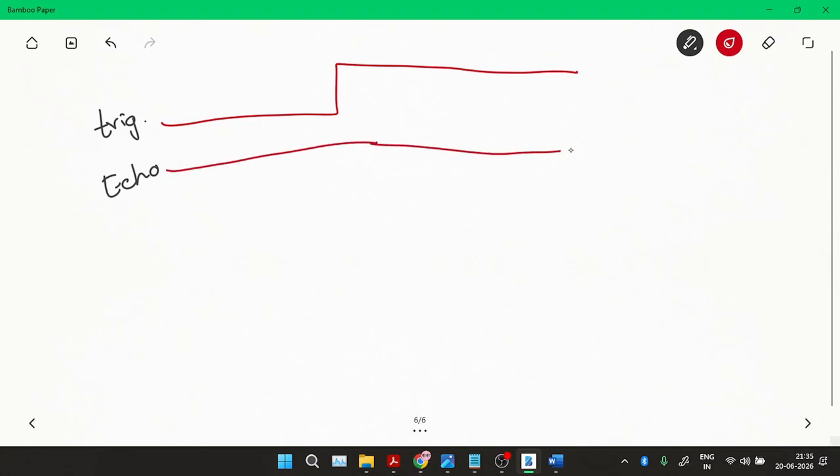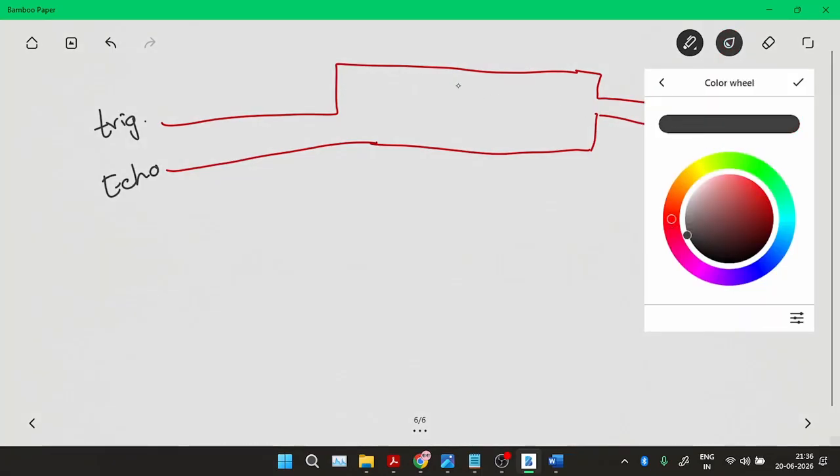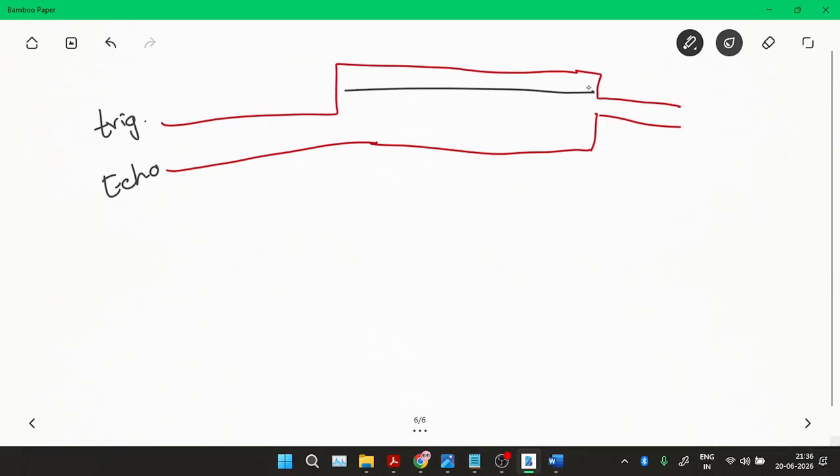So when I'm starting a trigger, it will go high, and it will go like this, and echo will be turned off until you receive it. So when you receive it, the signal is going to be high, and when you receive an echo, definitely at that duration, the trigger pin will turn off like this. Okay, the graph will be like this. So this duration is nothing but your distance.